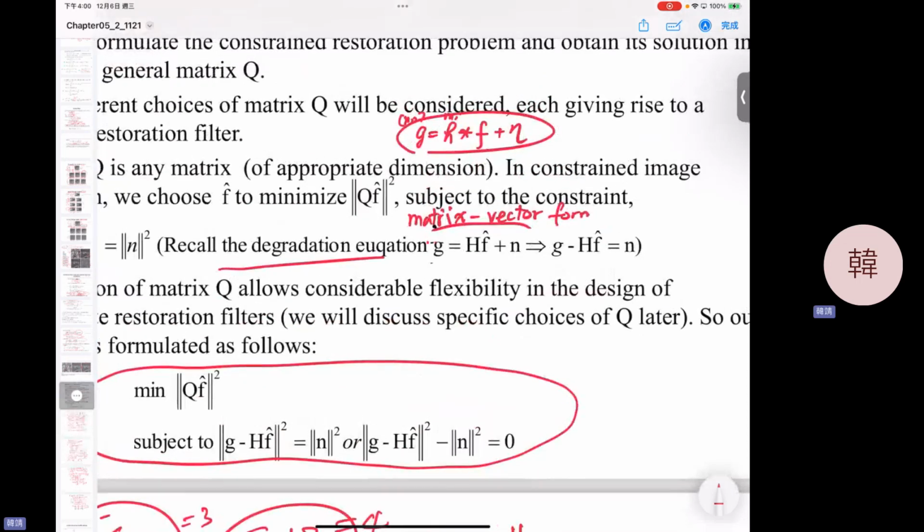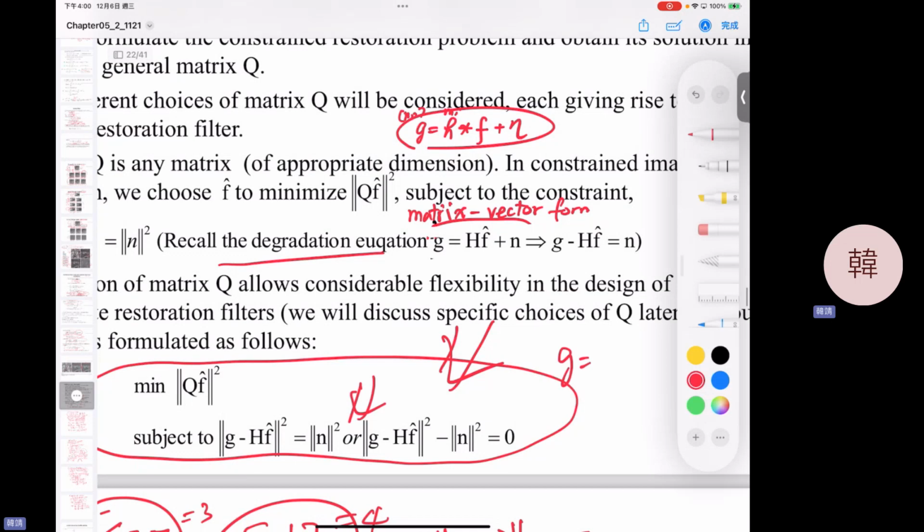After you have this background, now we can talk about this, because we have this objective function to minimize, QF. You don't know what Q is. Sometimes you use different metrics there; sometimes the identity matrix also works. Subject to this constraint. Why this one? If you remember our matrix vector format, g equals Hf plus eta, right?